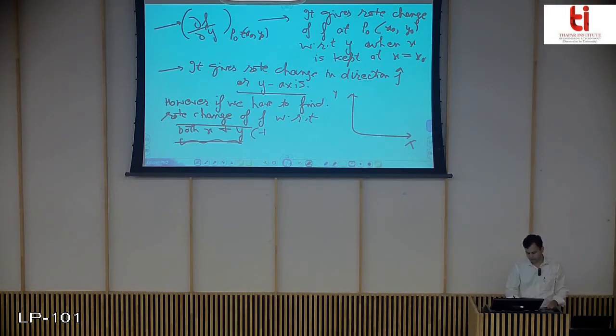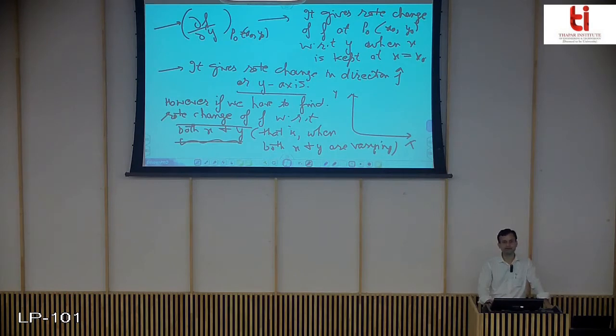Now no variable is fixed, no variable is held constant. Both x and y are changing. So what will now be the rate of change in the value of f?